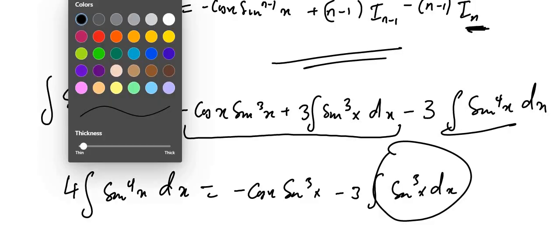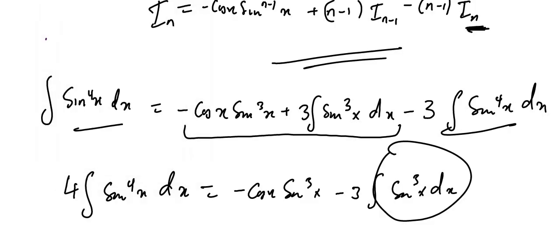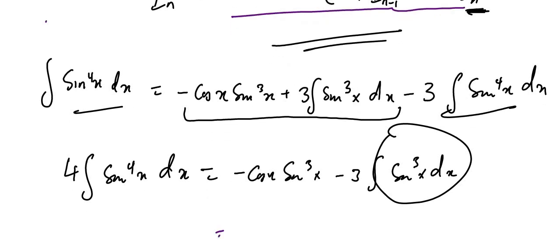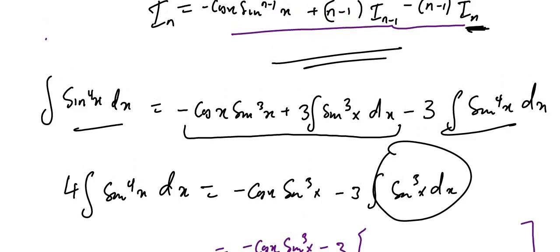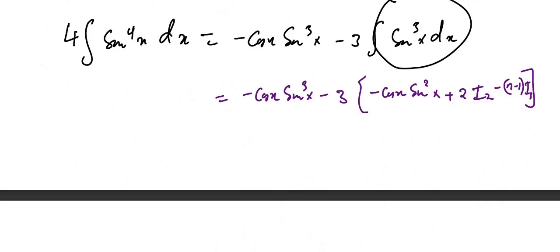So if I may use a different color here, we're using the same expression. Where there's n, now we're putting 3. That will be negative cos x sine^(3-1) x. We're putting the 3 wherever there was n. So this is going to be negative cos x sine^2 x, plus 2, that's a 2 now, minus (n minus 1), that's a 3, I_3.